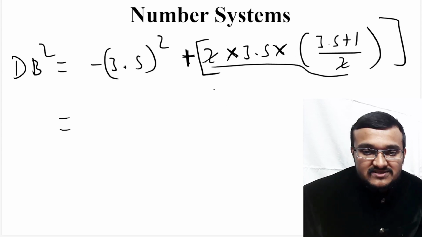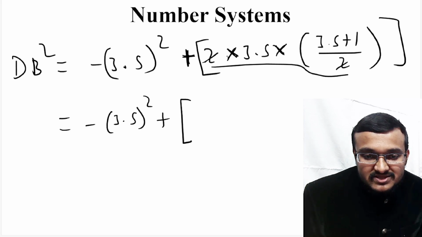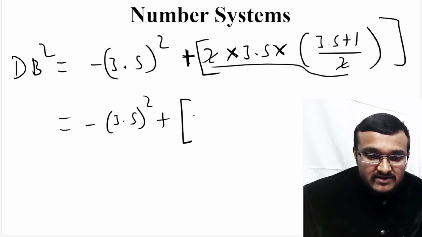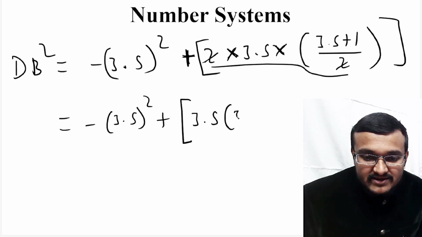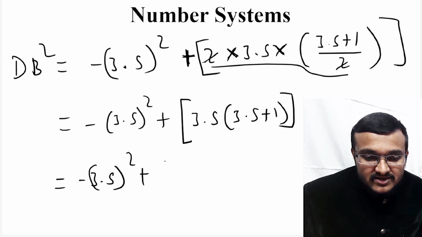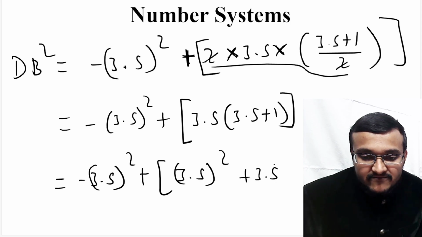Now what remains is minus 3.5 square plus, in this bracket, 3.5 into (3.5 plus 1). So minus 3.5 square plus, 3.5 into 3.5 is 3.5 square, and 3.5 into 1 is 3.5.